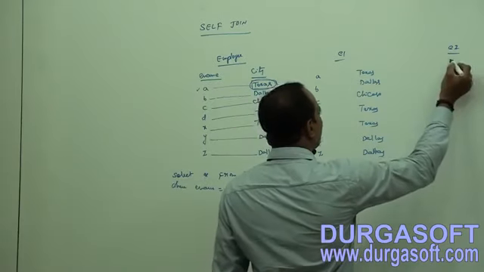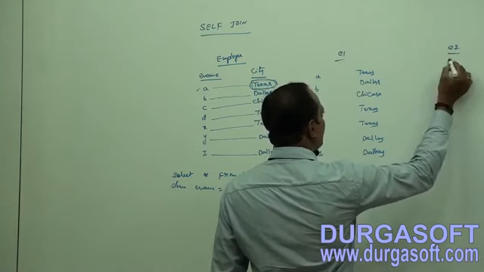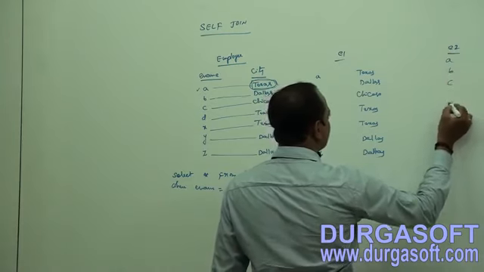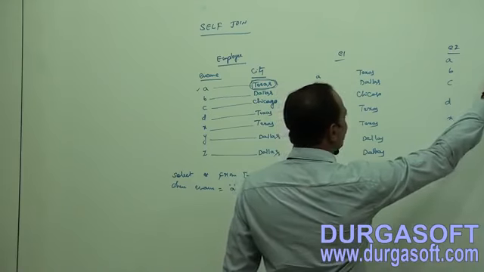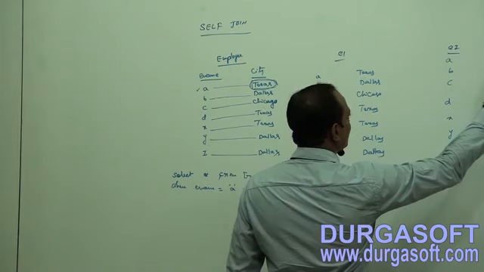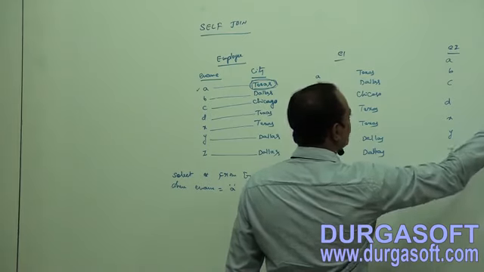Whenever you maintain an alias name, the alias name maintains a temporary copy of the same table. X, Y, Z. A is from Texas and B is from Dallas. C is from Chicago.